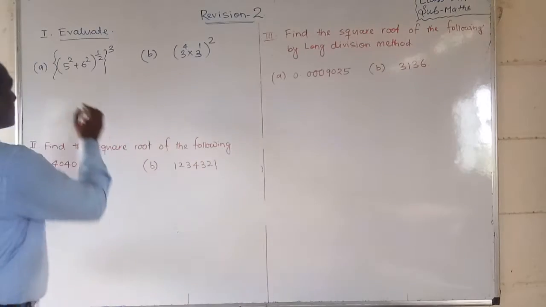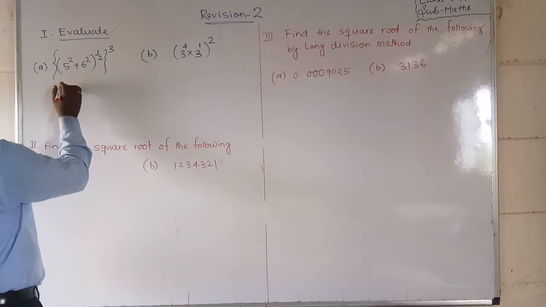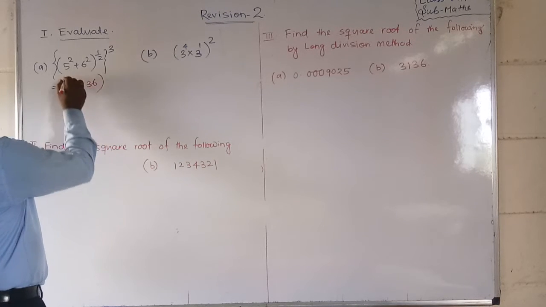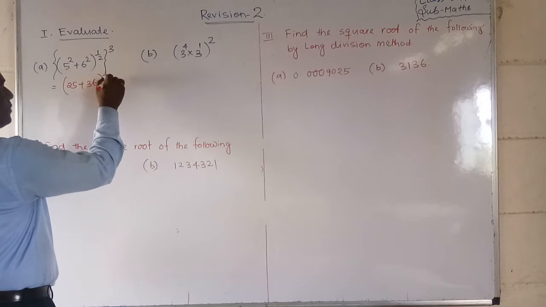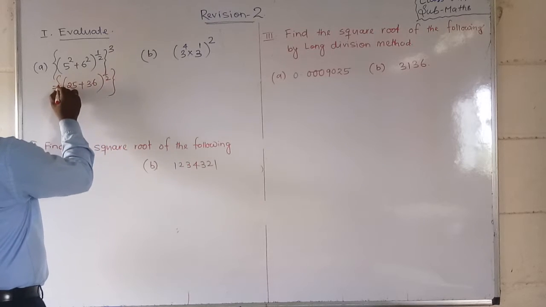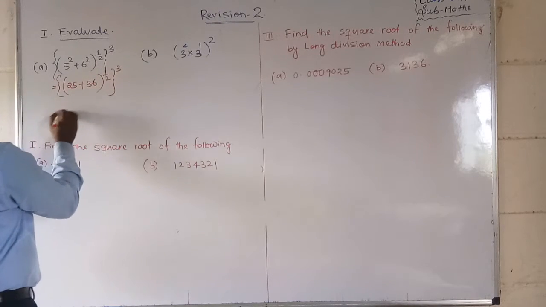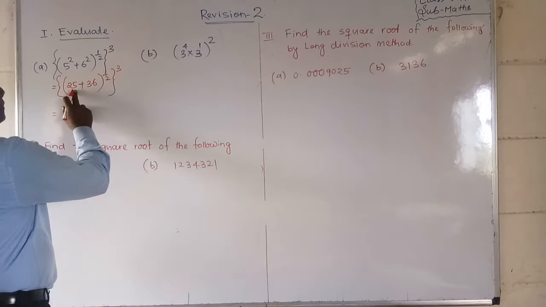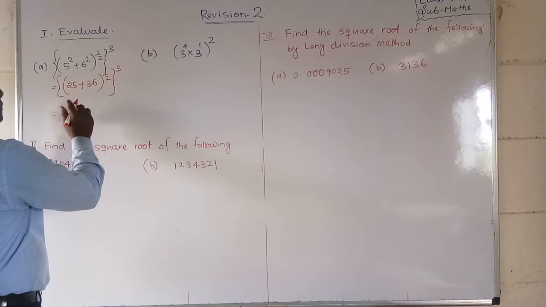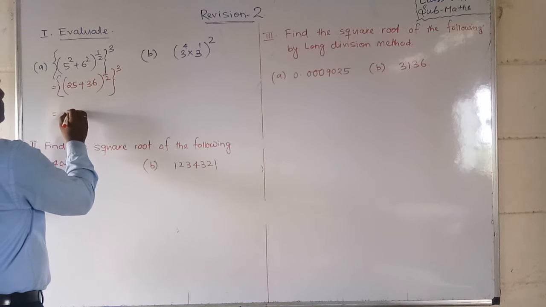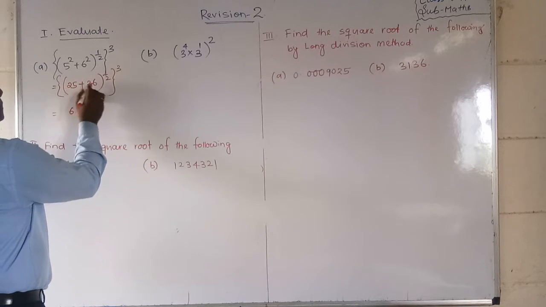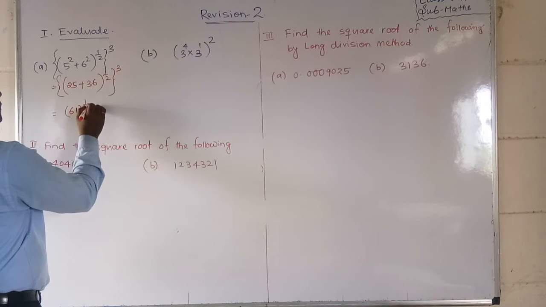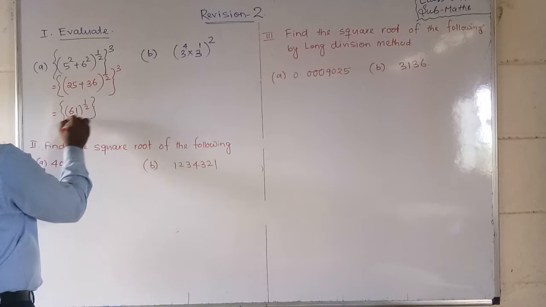So solve that bracket first: 5 square means 25 plus 6 square means 36, whole power 1 by 2. 1 by 2 means root, over this, cube. 5 plus 6 is 11, so 61. Root of 61 whole power 3.